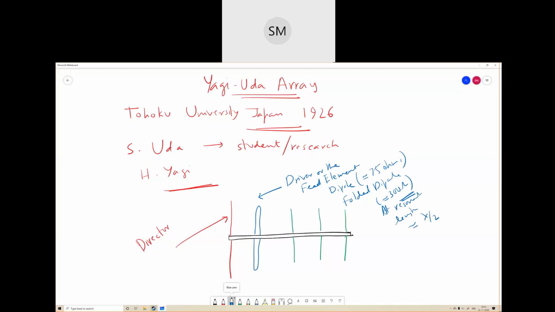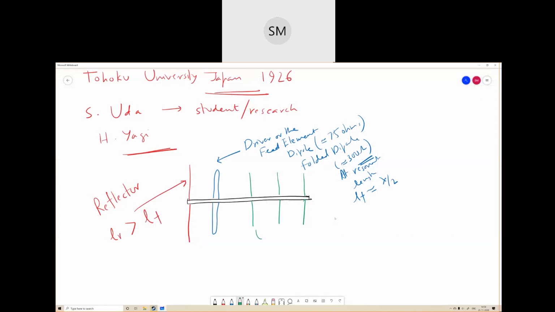The reflector length LR is greater than LF, not much, slightly greater. And the green elements are called the directors. LD is less than lambda by 2.